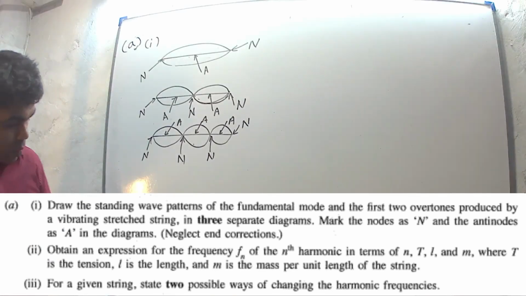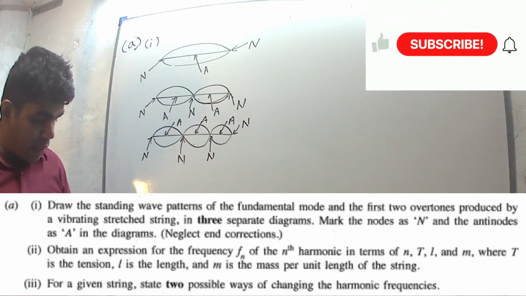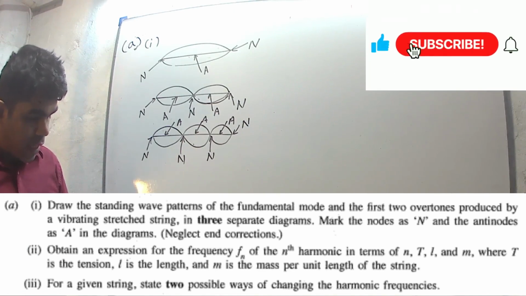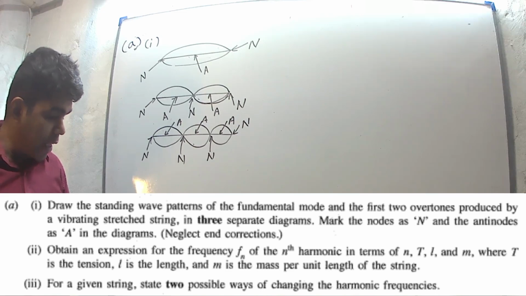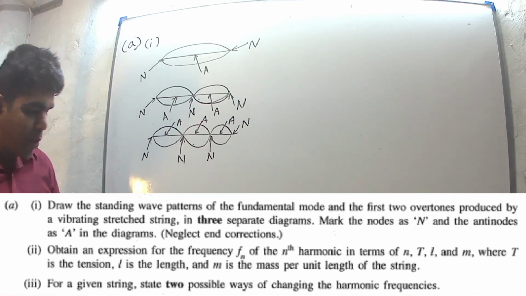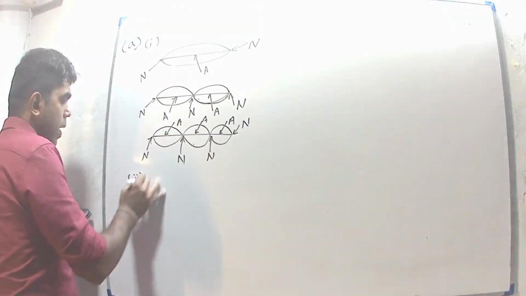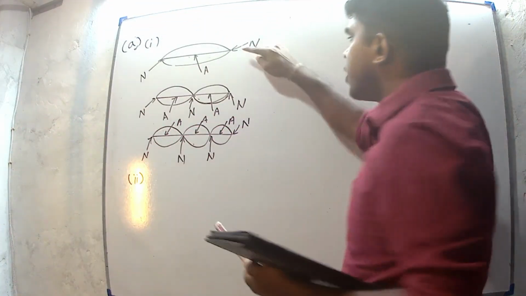Then part 2, obtain an expression for the frequency Fn in the nth harmonic in terms of n, T, L and M, where T is the tension, L is the length and M is the mass per unit length of the string. This is the fundamental.